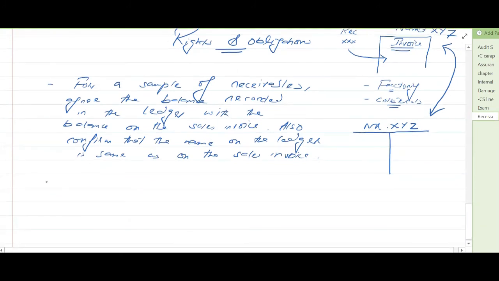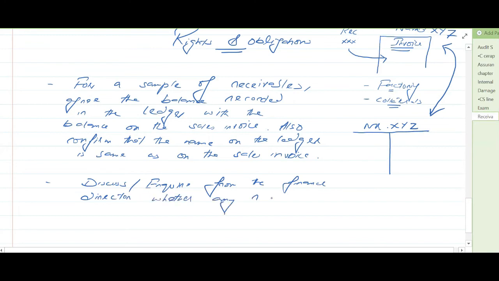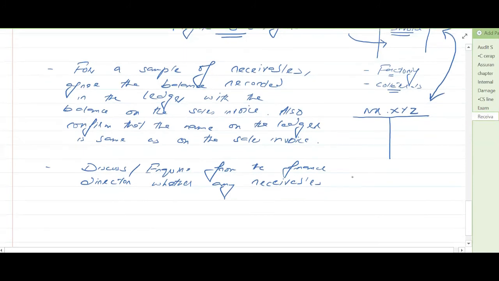Rights and obligations. Discuss or inquire from the finance director whether any receivables have been factored.